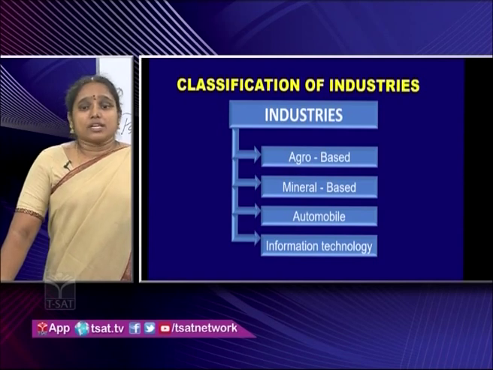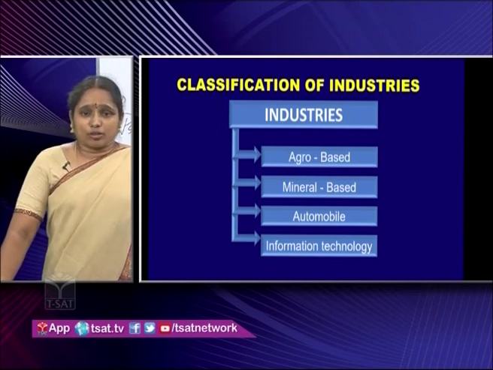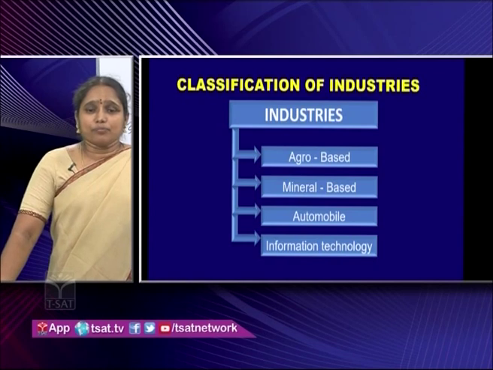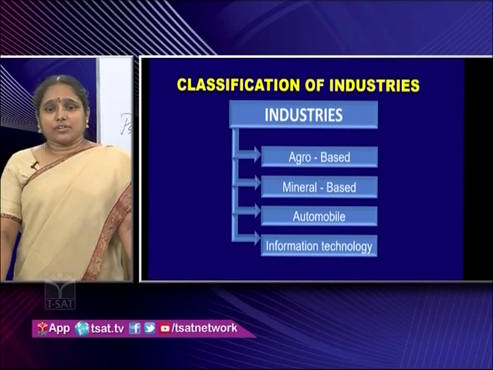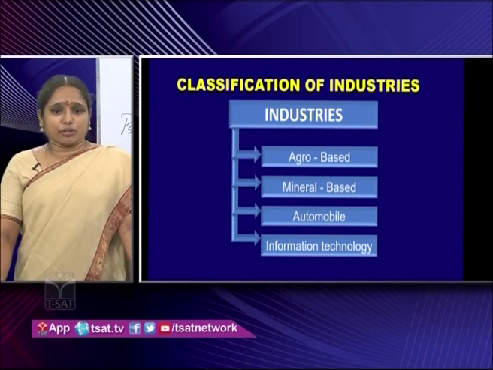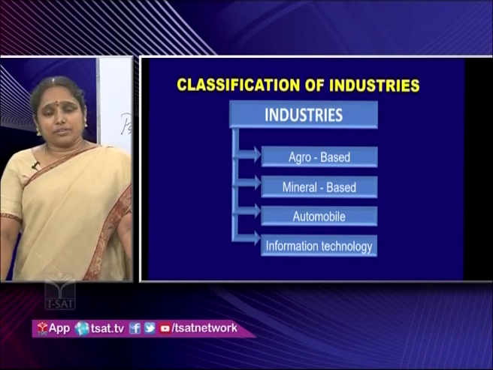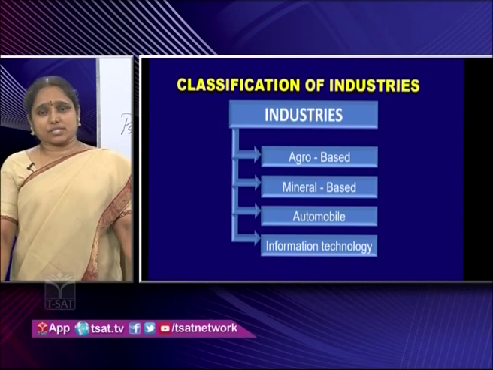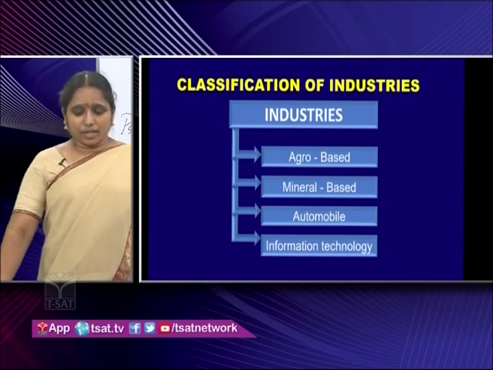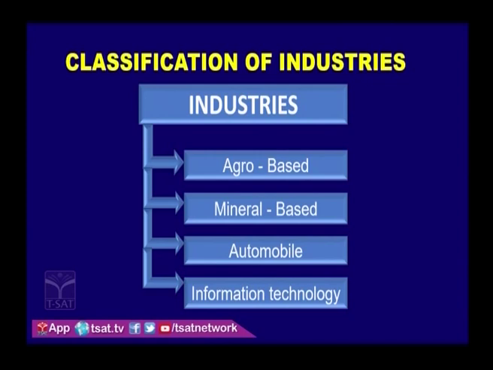If the raw material is from the agricultural sector, we call it agro-based industry. If the raw material is from minerals, mining and all, we call it mineral-based industry. If it is manufacturing of vehicles and all, we call it automobile industry. And if it is regarding the providing of services, communication and all, we call it information technology, IT industry.